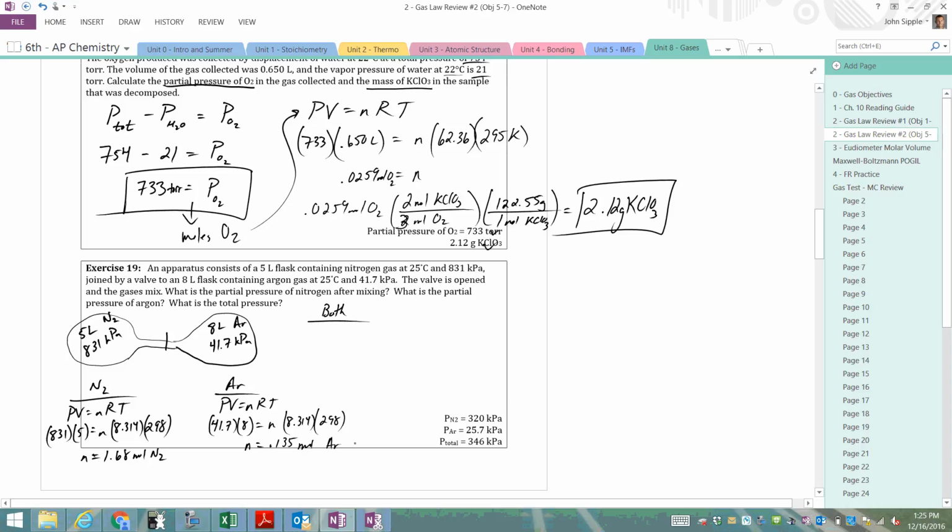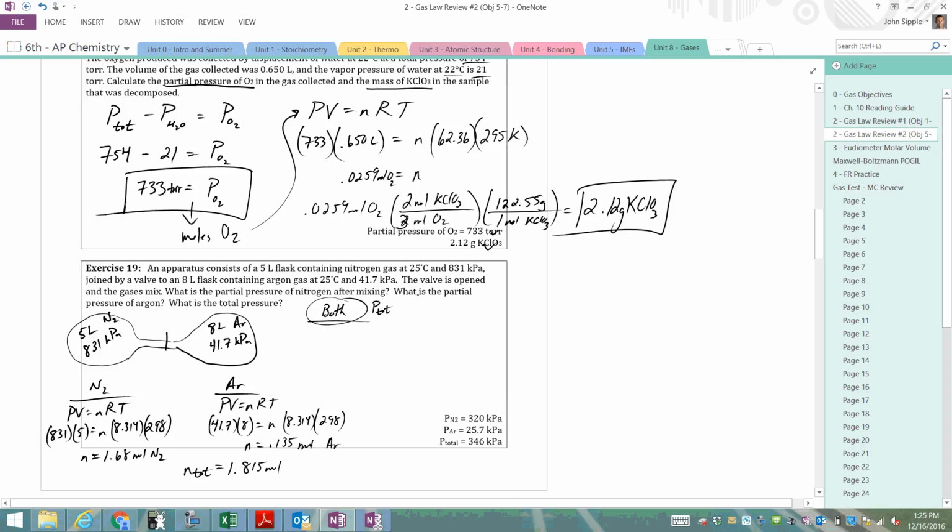That's great. So our total moles are equal to 1.815 moles of gas. Now what we need to know is the total pressure, and that's why we have to do both together after mixing.